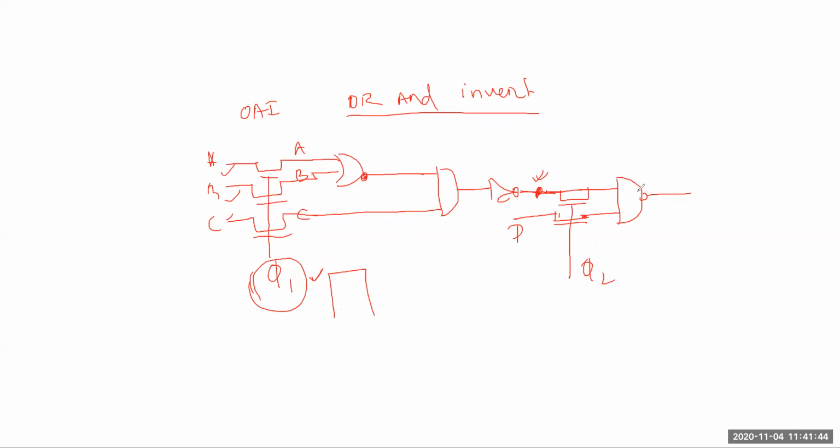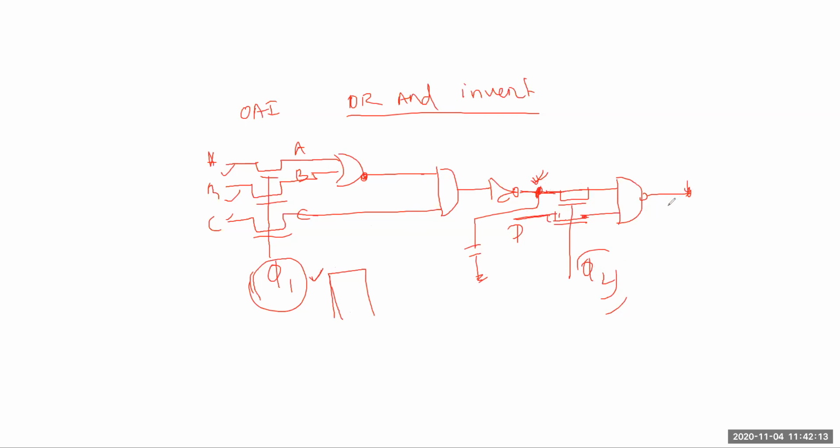But this will not pass to here until phi 2 is on. When phi 2 is on, in the next clock cycle, whatever data is here will pass, and that data will be retained in the parasitic capacitor. So when this clock is on, we get data here.